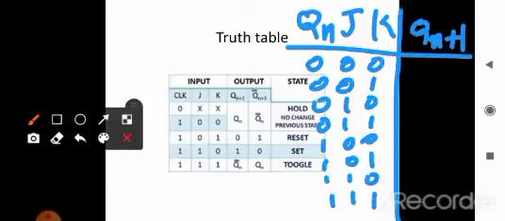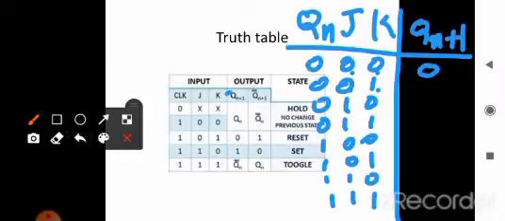So here we can see that when Qn is equal to 0 and J is equal to K is equal to 0, what will be Qn plus 1? Qn plus 1 will be equal to Qn, so it will be 0 only. When J is equal to 0 and K is equal to 1, what will be the Qn plus 1? This condition we need to know.